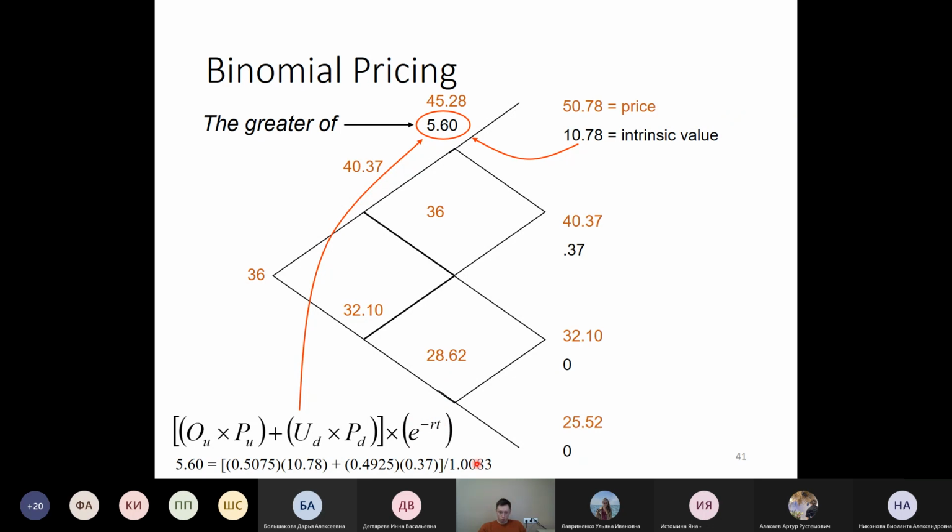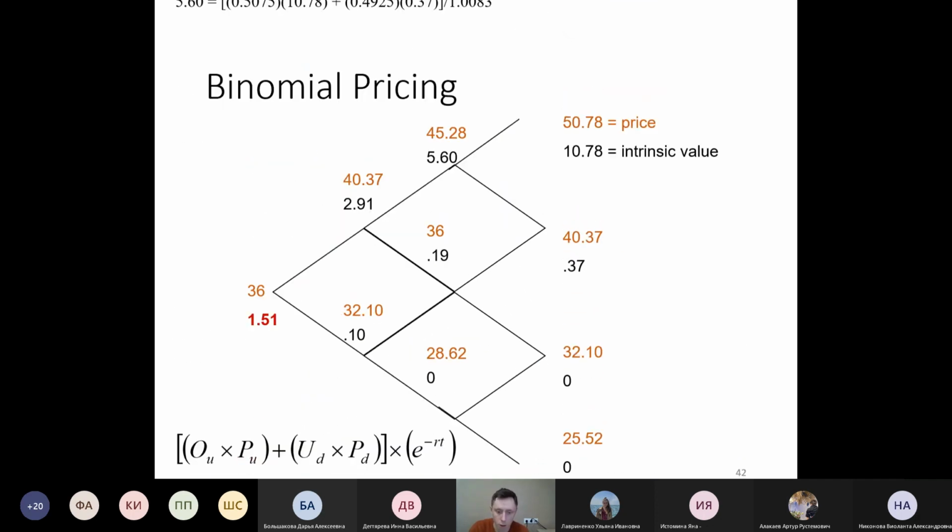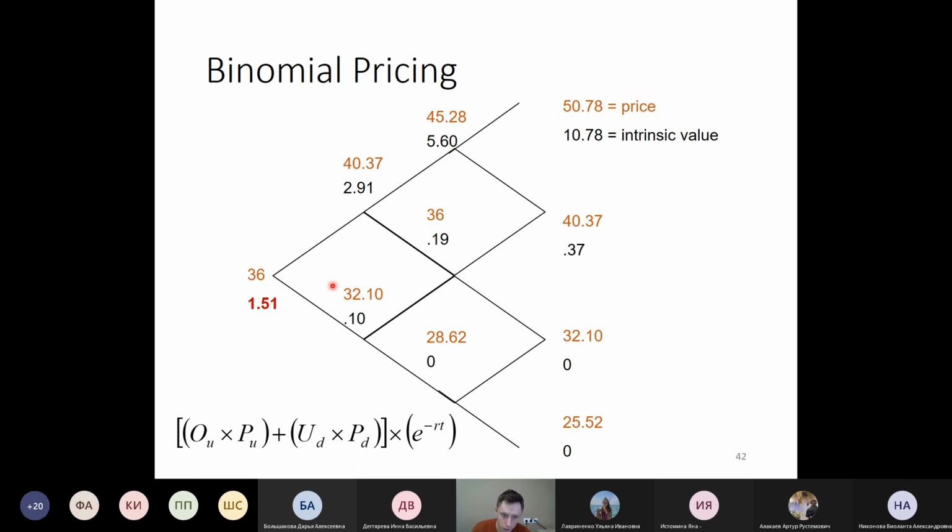So this is how we would discount, and in this way we go further. So here we made one step to the left, then we make one more step, and eventually we estimate the value of the option at the time of consideration. This will be 1.51.